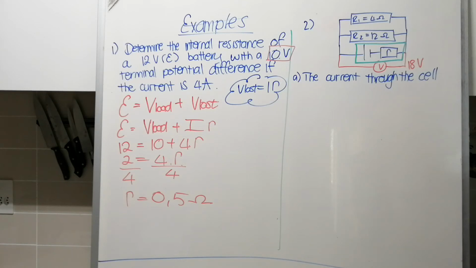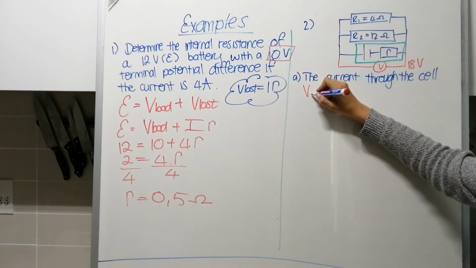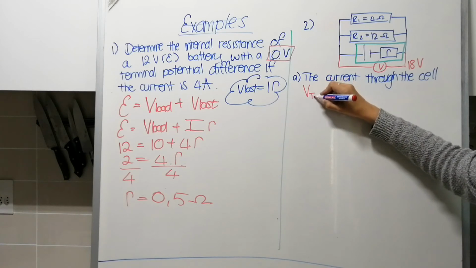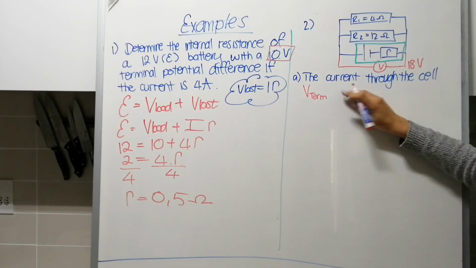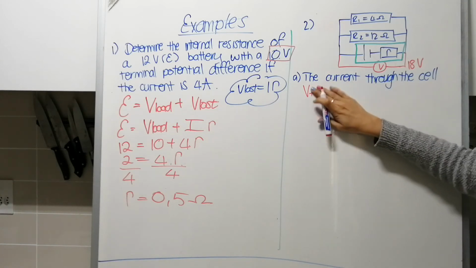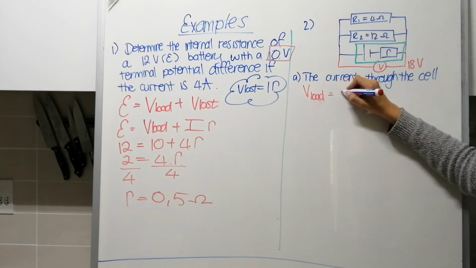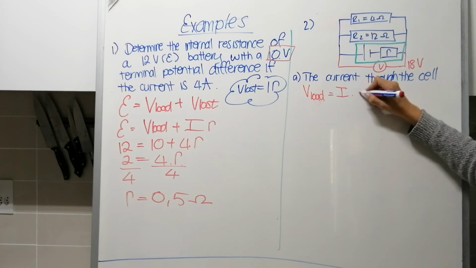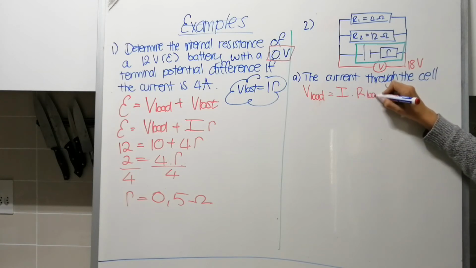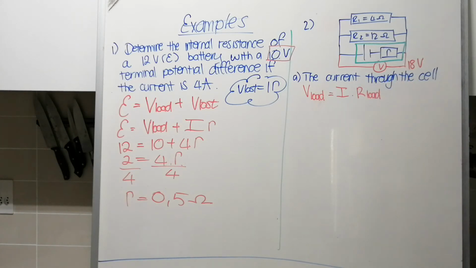So to find the current through the cell, because we don't know anything about current, we're going to have to use Ohm's law. We're going to have to use the fact that the terminal potential difference, or the load potential difference, or the external potential difference, whatever you want to call it, I'm going to just stick with V load, is equal to the current through the battery times the total external resistance.